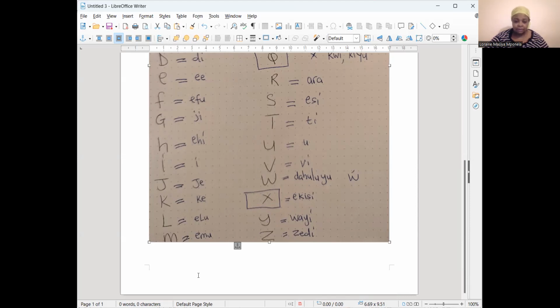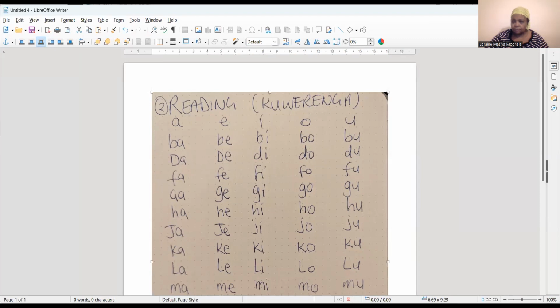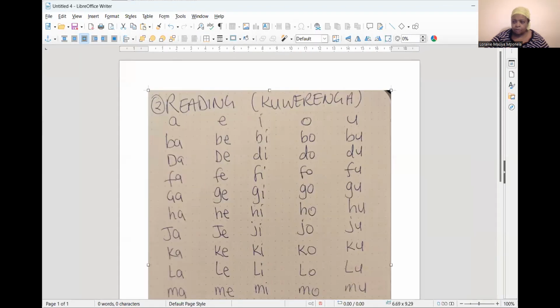Let's look at the second tier. Let's try and see if it helps with how the letters appear.